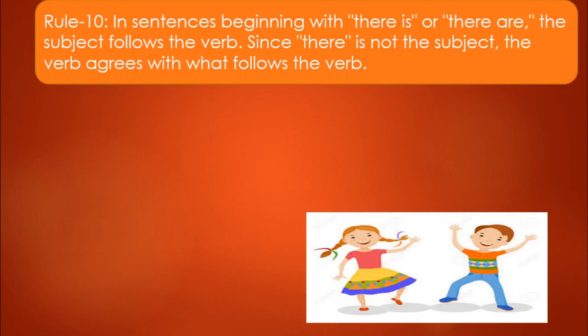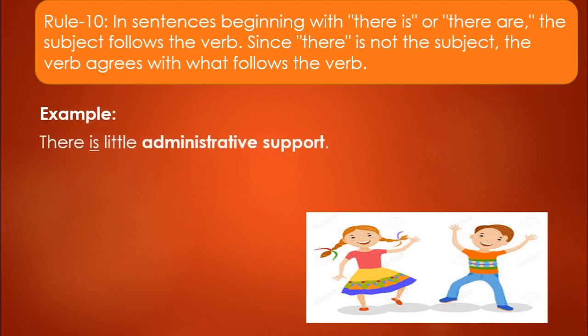Rule number 10 is, in sentences beginning with there is or there are, the subject follows the verb. Since there is not the subject, the verb agrees with what follows the verb. For example, there is little administrative support.